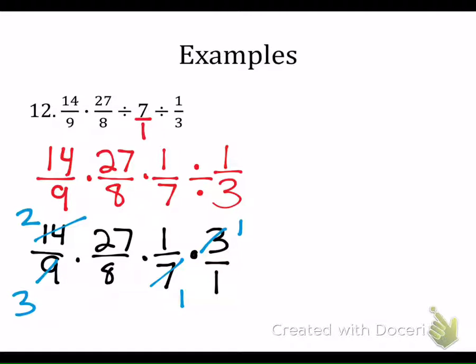There's a couple more. So we can do, what did you say? 3 and 27. Yeah, you can use the 3 now with the 27 and make it a 1 and a 9. What other one can we use? The 8 and 2 can do 1 and 4.